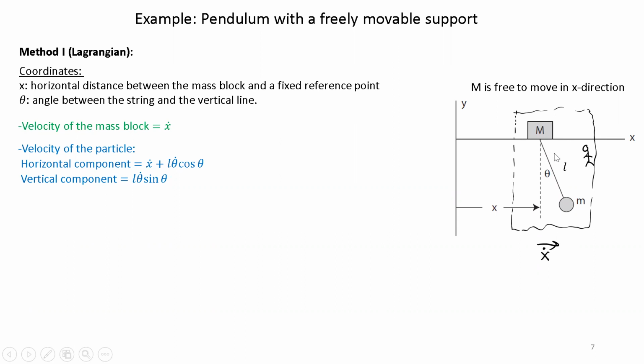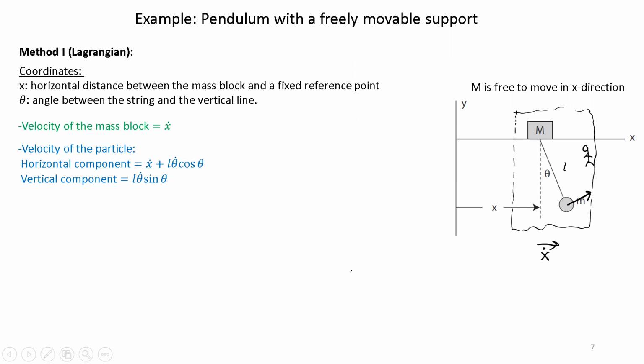So inside this reference frame, this problem just looks like a simple pendulum with a fixed support. So what you see for the velocity of this particle is just swinging like this.